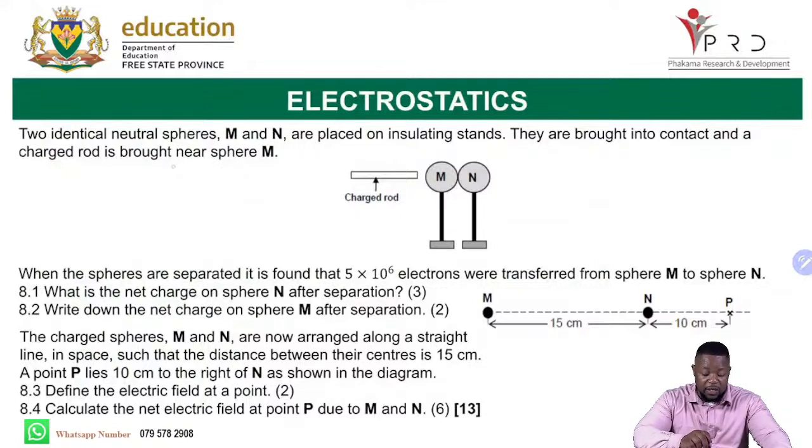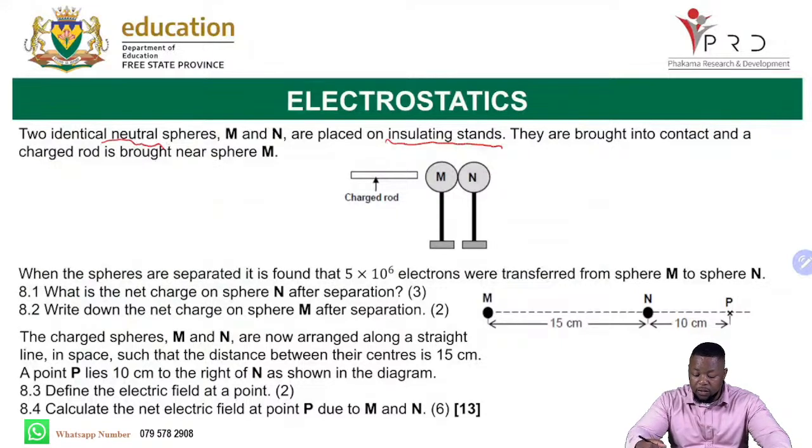We have two identical spheres that are neutral here. They are placed on insulated stands. You need to know that these insulated stands are there to make sure that the charge is not leaking.